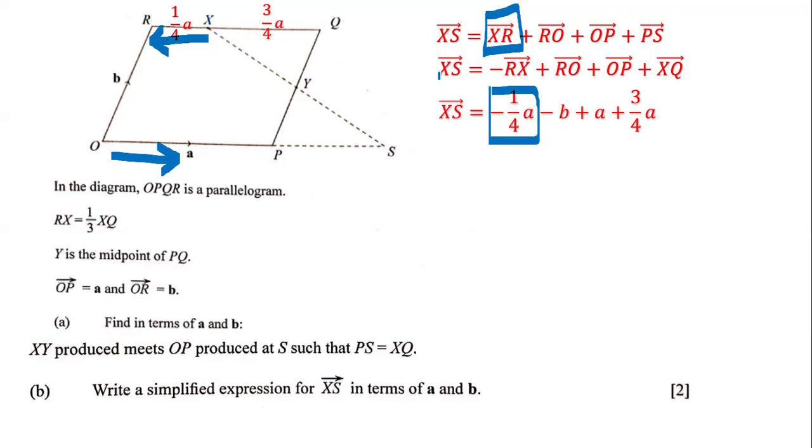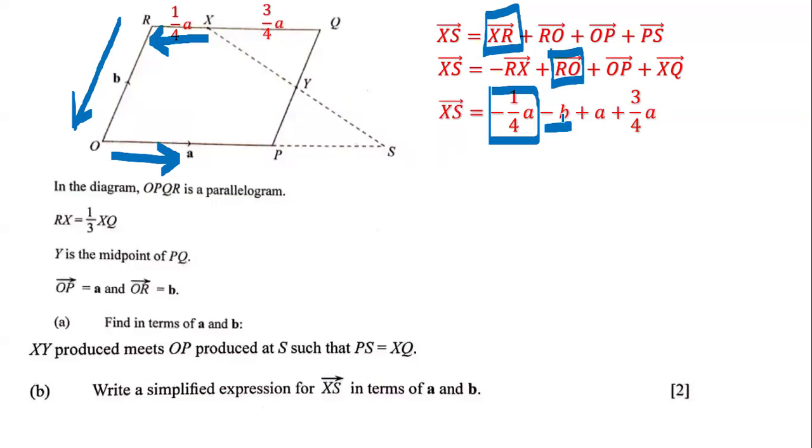Next, after we already get that, now we're going to go from R to O. Going from R to O, we're going down. That's in the opposite direction of B, and so that's why we have negative B here. B is going upward, but negative B is going downward.